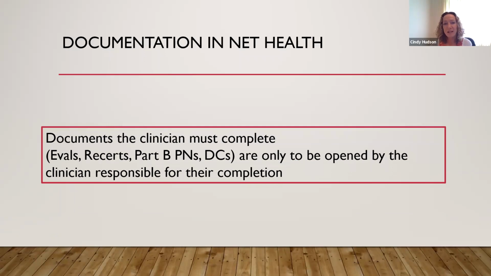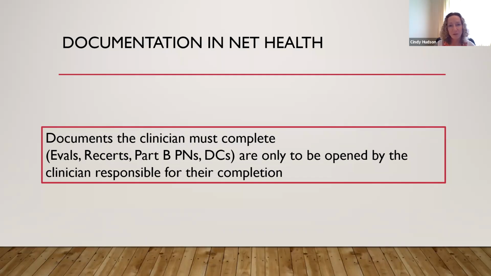Regarding our documentation in NetHealth, just as a quick reminder, documents that the clinician or supervising therapist must complete, whether it's an eval, a recertification, a Part B progress note, or a discharge summary, are only to be opened by the clinician responsible for their completion. Remember, as an assistant, if you want to be helpful and open it up, you're going to own a portion of that document.